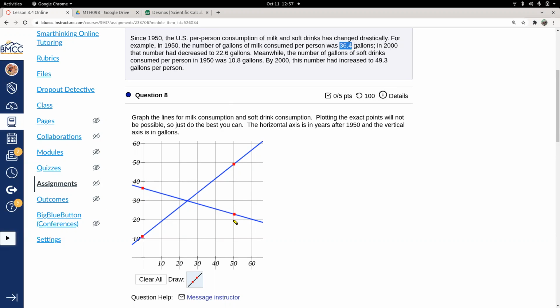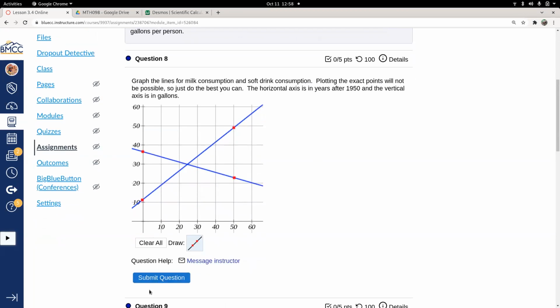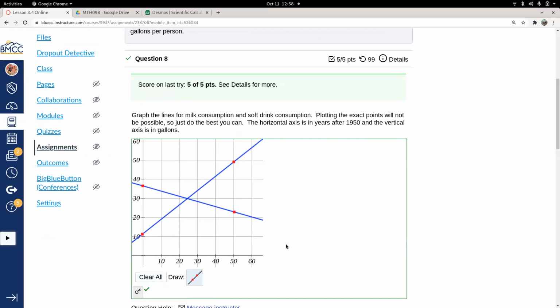So that's 20, that's 30, that's my best guess at 22.6. I like it, that's good. 1950, 10.8. So 1950 is where we start on the axis. And that's pretty close. And 2000, 49, just under 50. Yeah, I think I'm good there. See what it thinks. Ooh, I did good that time.